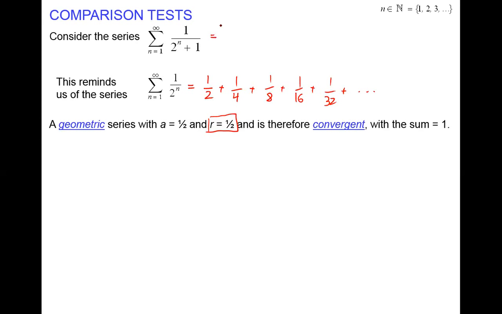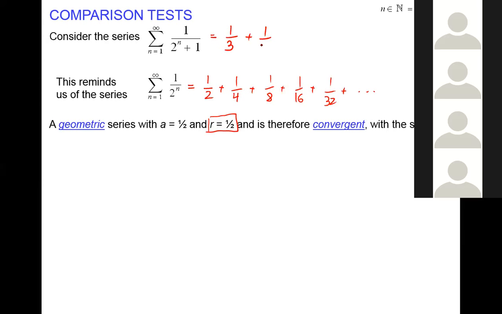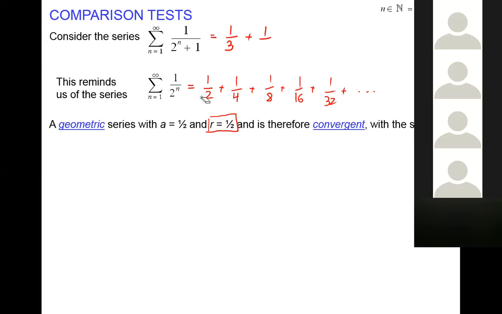Now, let's try to rewrite these terms. This one has just a denominator that is 1 more. That means 2 plus 1 will be 3, 4 plus 1, 5, and then 8 plus 1, 9, 17, 33, and so on. That's what I will be looking for.